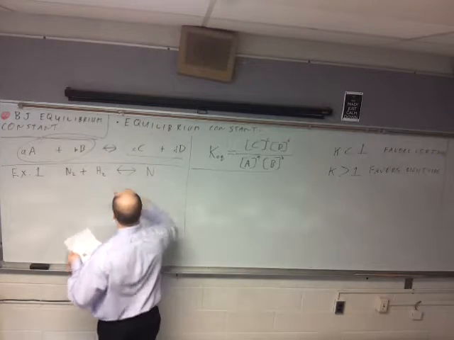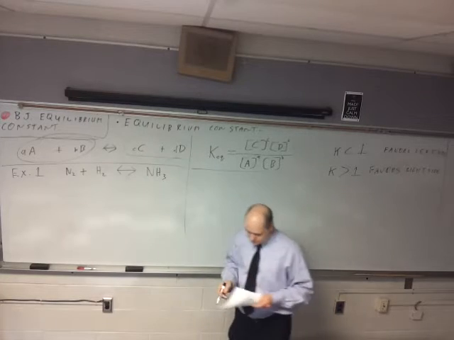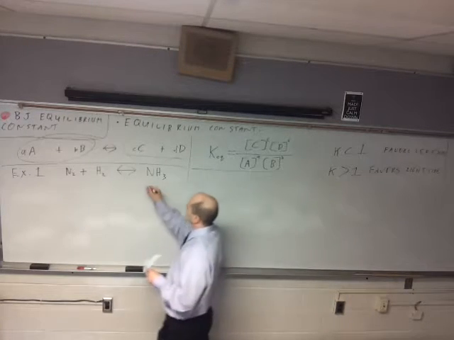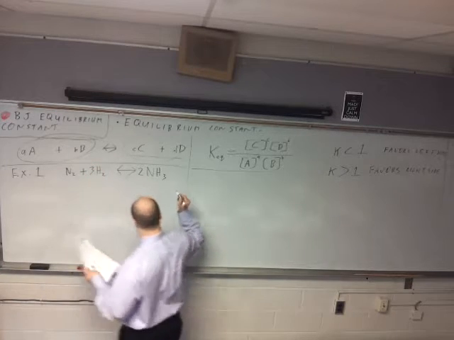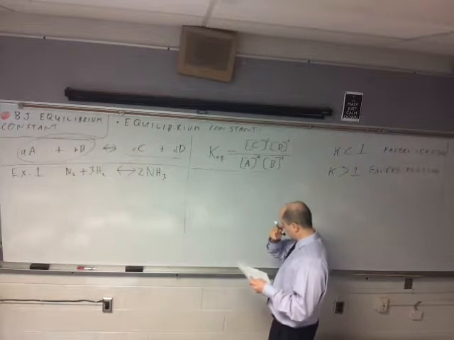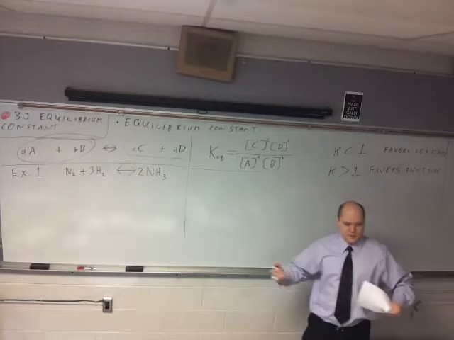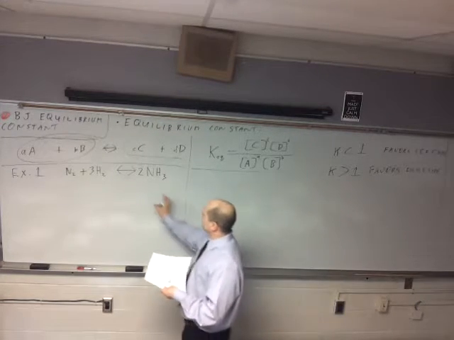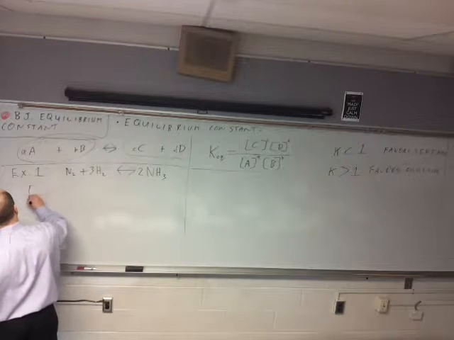So nitrogen and hydrogen gases make ammonia. If I were to balance this, there'd be a 2 in front of ammonia and a 3 in front of hydrogen. Make sure I didn't screw that up. So let's say we mix some hydrogen and some nitrogen together, and they start producing some ammonia, and they reach equilibrium. And then we measure the concentration of each one.